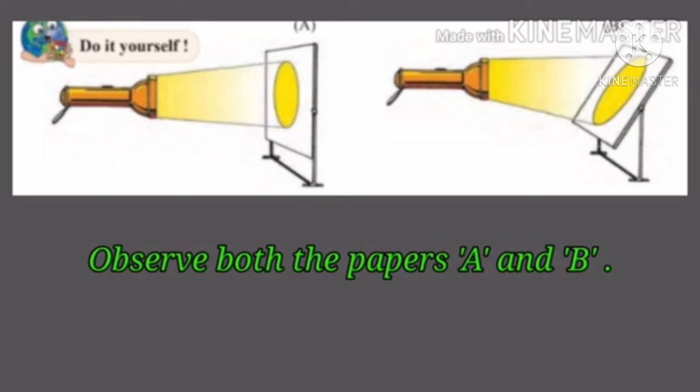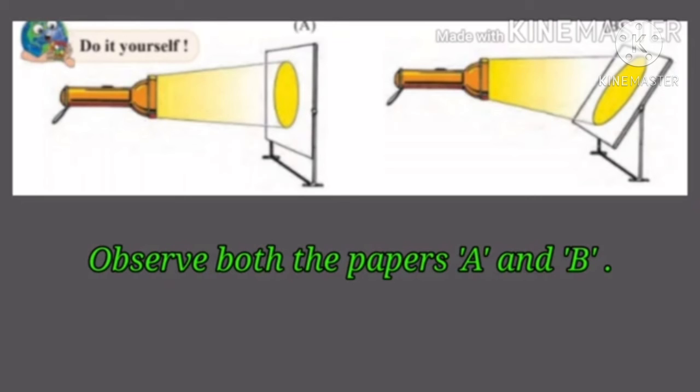On which paper is the area smaller? The area of the torchlight beam is smaller on the paper A, where the beam falls perpendicular to the paper.